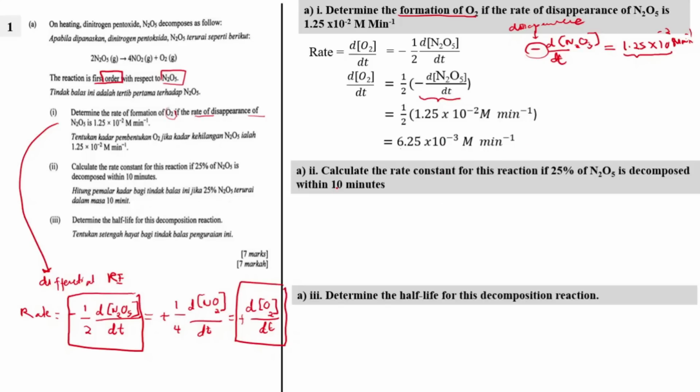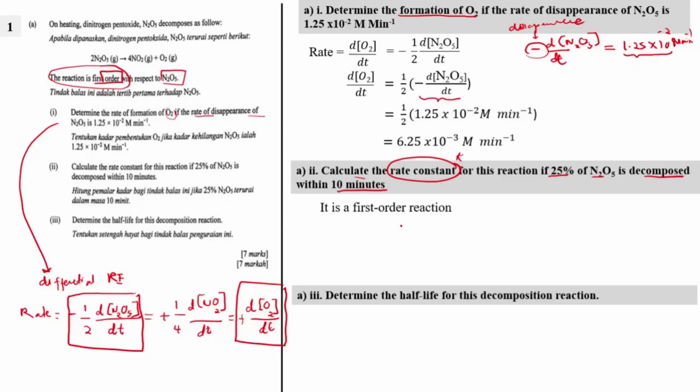For question A2, we need to calculate the rate constant for this reaction if 25% of N2O5 is decomposed within the 10 minutes. So from here, we need to find the rate constant. So our rate constant here is the K. Okay, and we know that this reaction is a first order reaction because it is given in the question here.